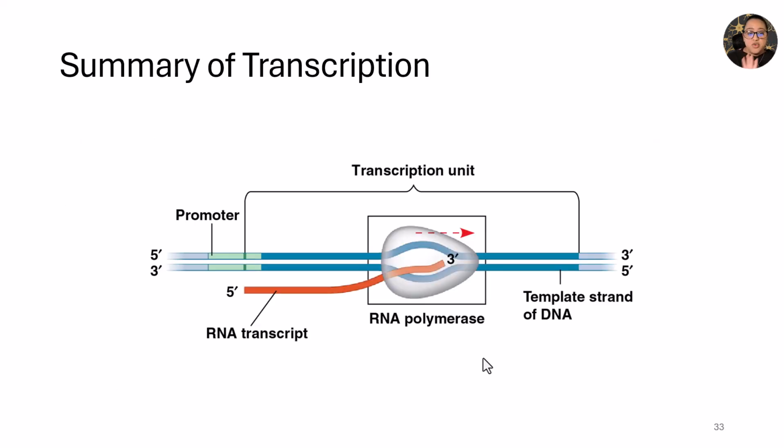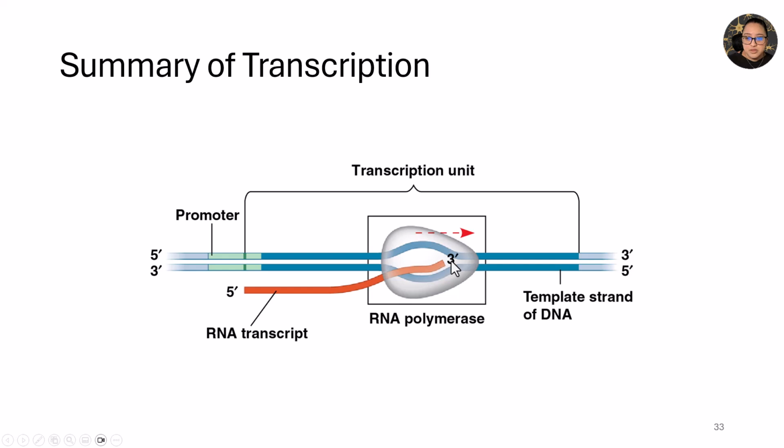And so this is an overall summary of transcription. Even though there was a lot of detail, big picture, there is a promoter sequence, that's the DNA, where RNA polymerase and the transcription factors are going to meet up and then start working. This is the RNA that gets built from 5 to 3 prime.